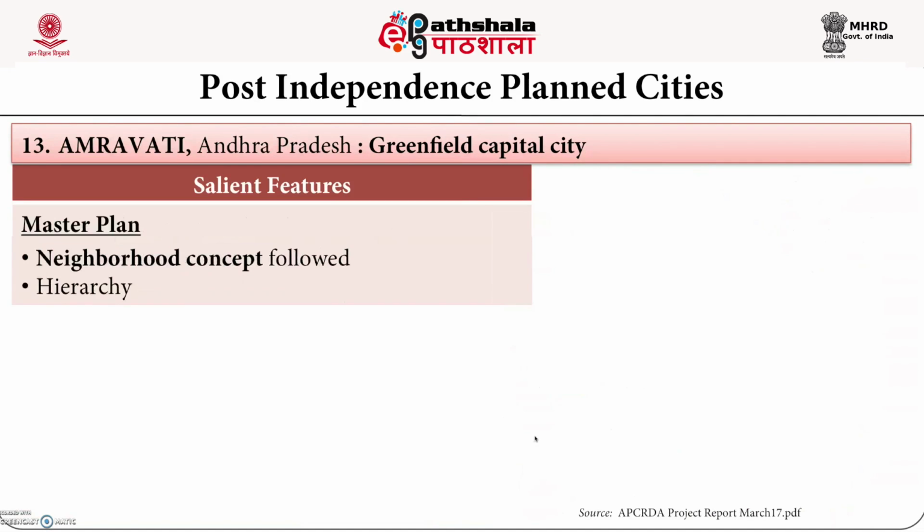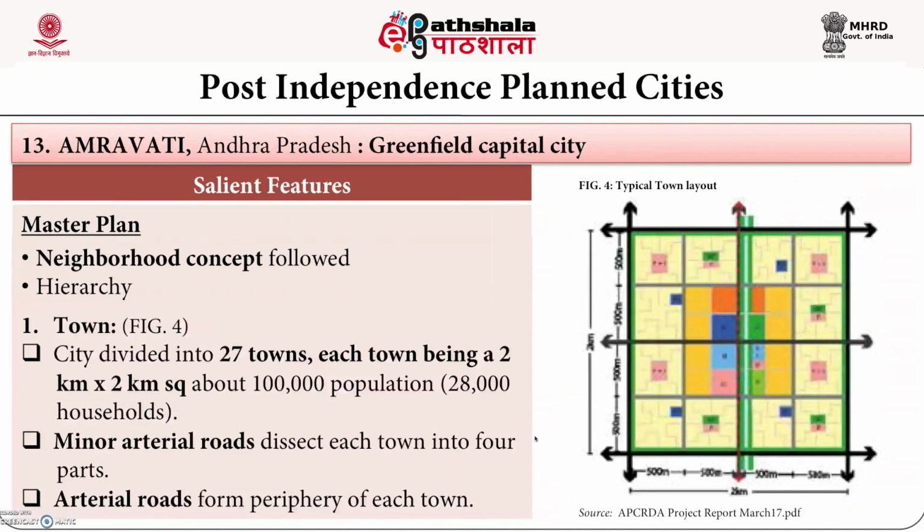Now we come to the neighborhood concept of Amaravati. The neighborhood concept was also followed in the master plan. This figure shows the typical town layout with a dimension of 2 kilometers by 2 kilometers, which is to house about 1 lakh of population, and the city was divided into 27 such towns.